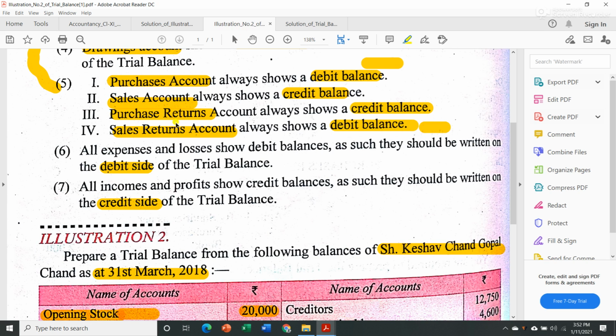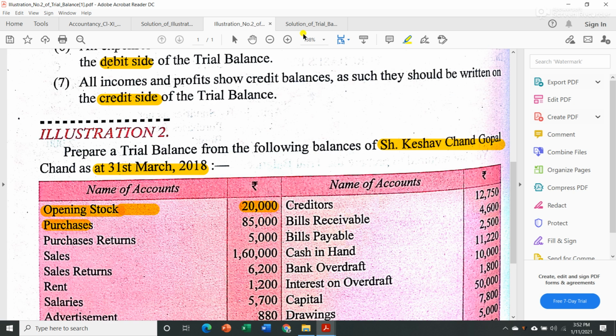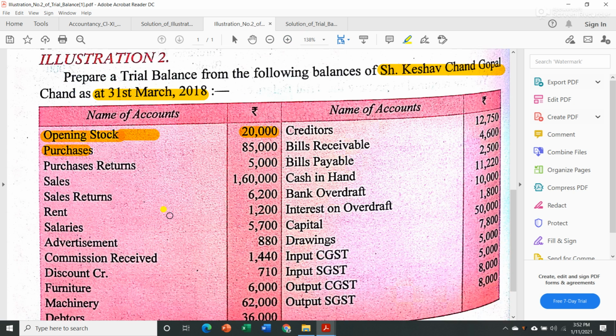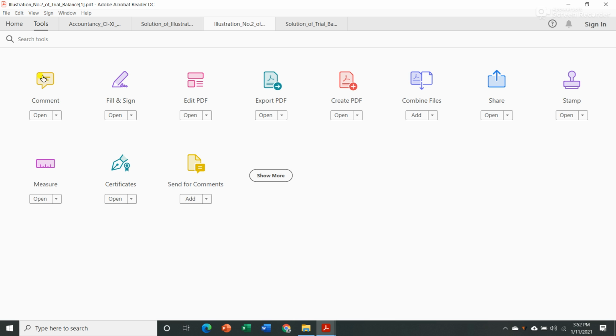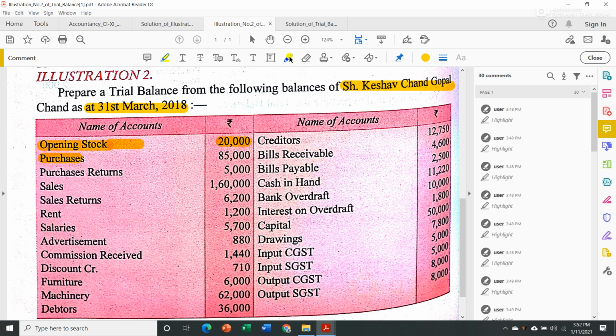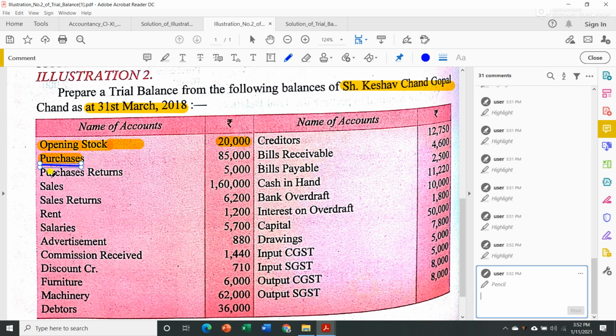We saw that the purchases account will always show a debit balance. So let us first try to understand which accounts will show a debit balance and which a credit balance. This is debit balance. Purchases return is the opposite of the purchases account, so it will show a credit balance.